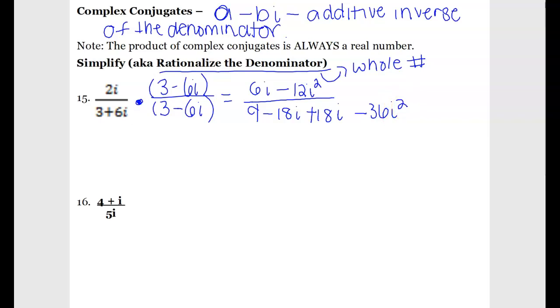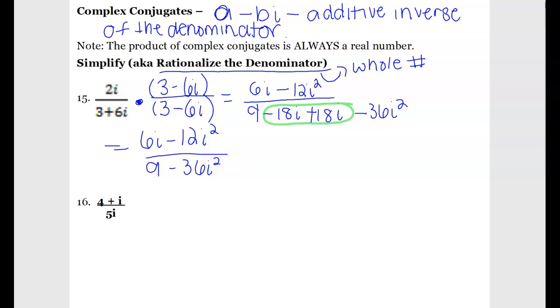So again, you can see that once I combine like terms, the two middle terms in the bottom should cancel. That will leave me with 6i minus 12i squared over 9 minus 36i squared.